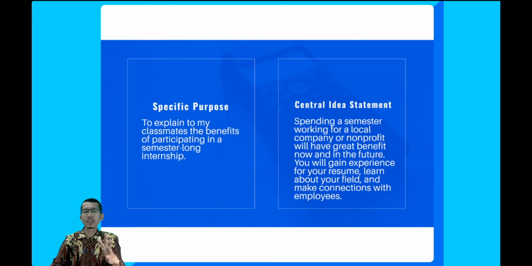Here is another example. Specific purpose: to explain to my classmates the effects of losing a pet on the elderly. The central idea is: when elderly persons lose their animal companions, they can experience serious psychological, emotional, and physical effects.